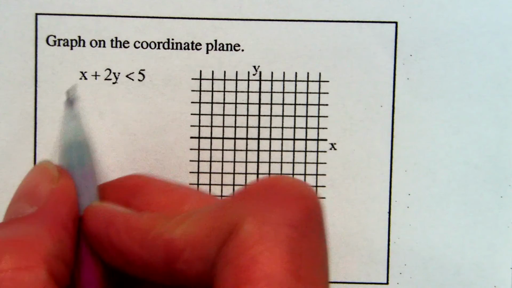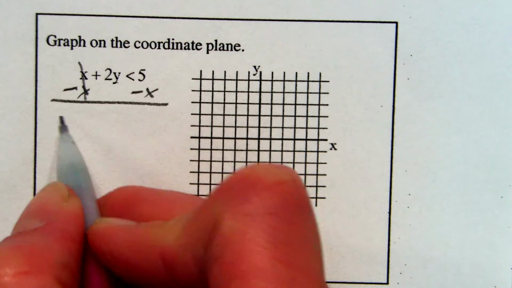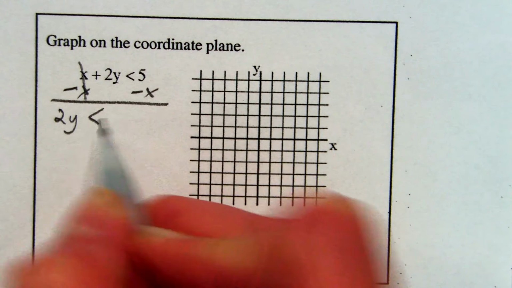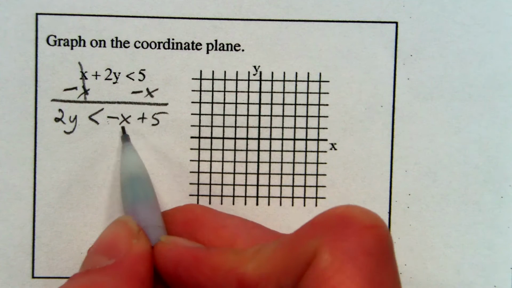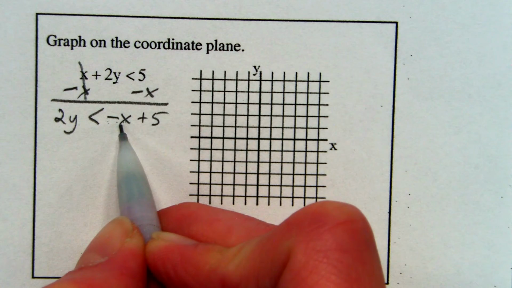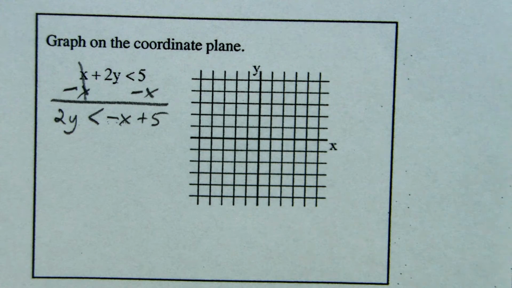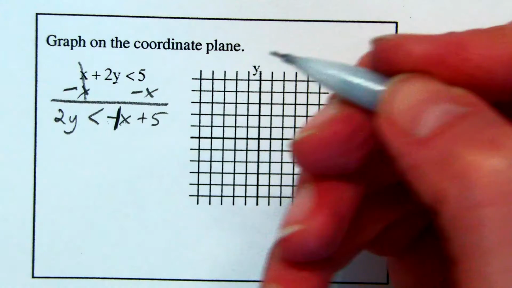Since it's positive x, we're going to subtract that on both sides. And that would leave me with 2y is less than negative x plus 5. If I don't have a number in front of x, what number goes there? 1. Good job. So this is just like having negative 1.